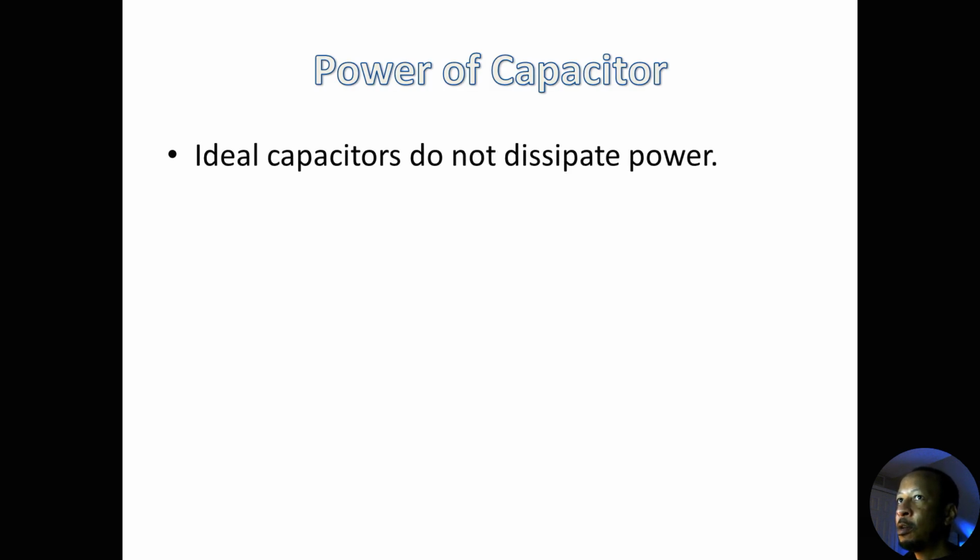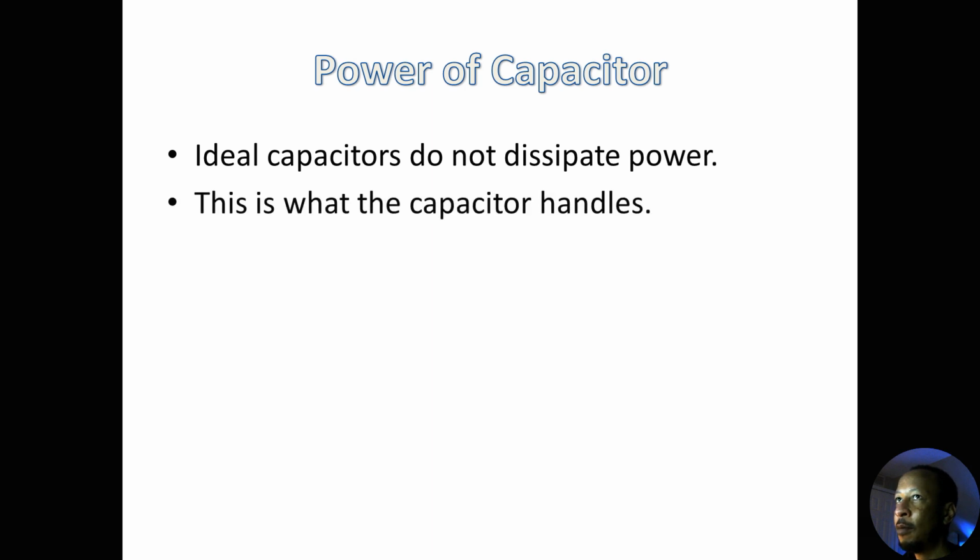Okay, so the power of the capacitor. Ideal capacitors do not dissipate power. If you ever have a capacitor that's getting warm or even hot, then that could be a safety hazard because it's not supposed to do that, and it could even explode on you. Capacitors do not dissipate power.